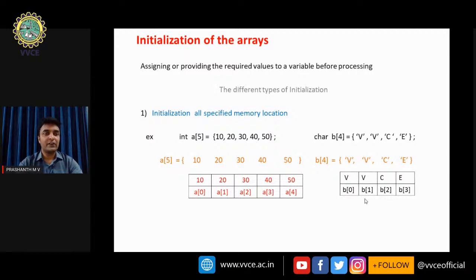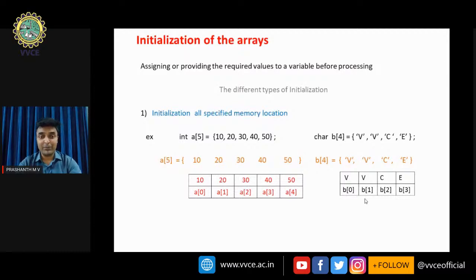Clear? Fine. This initialization can be done in different ways. What are those ways? The first one is initializing all specified memory locations. For example, I'm using the array int a of 5, so I reserved 5 memory locations for my program in the given array.